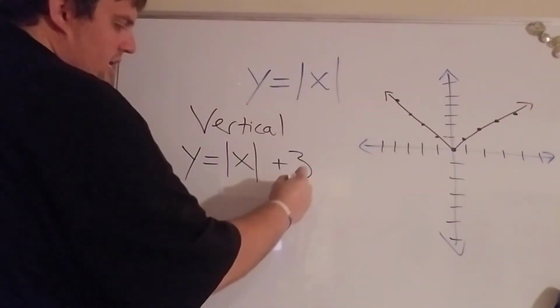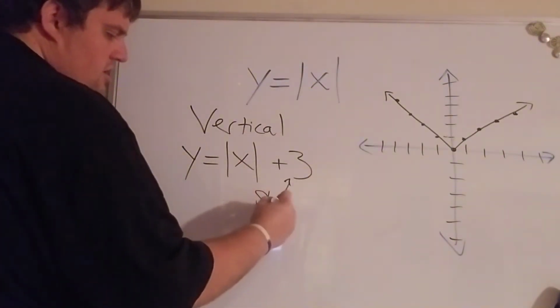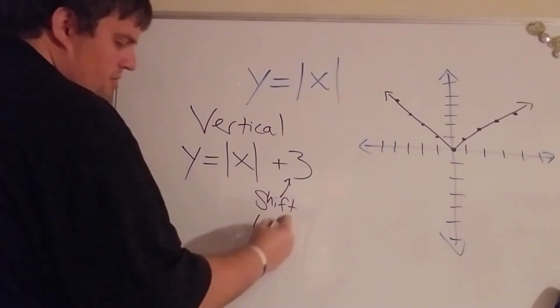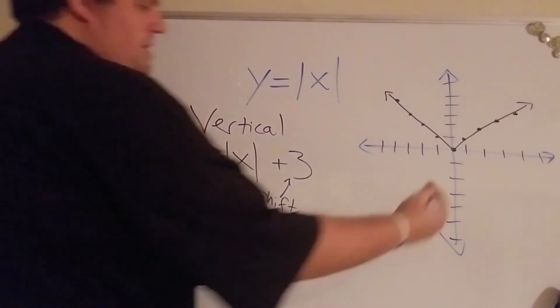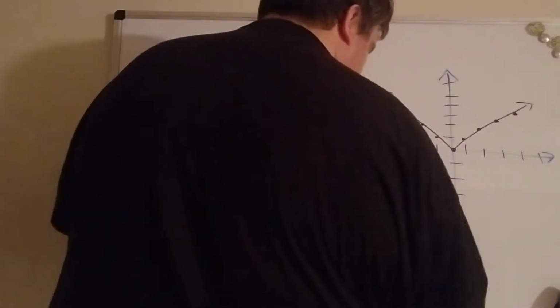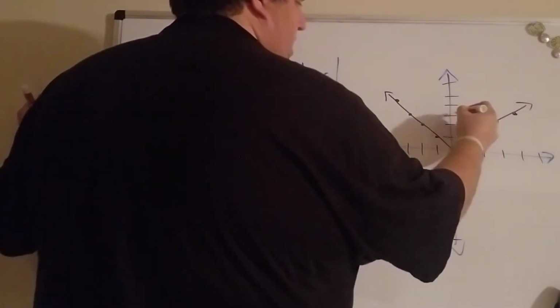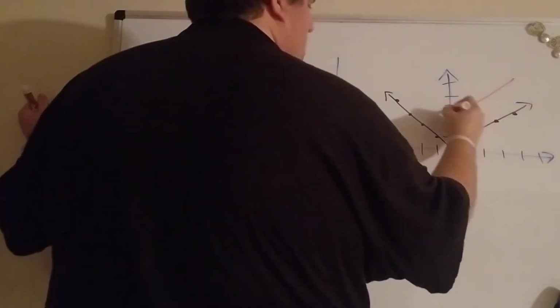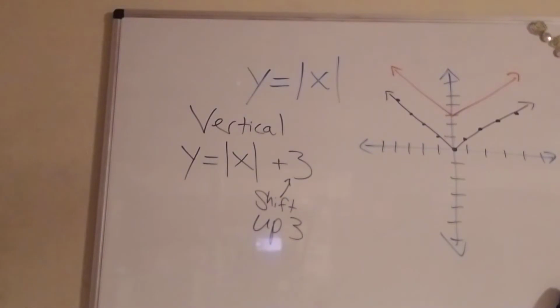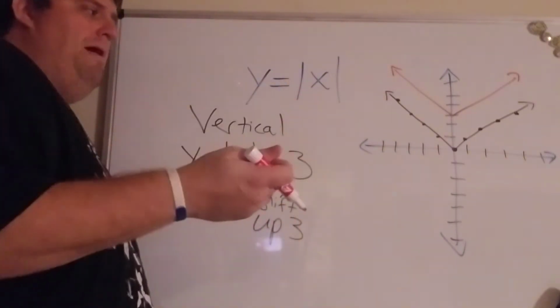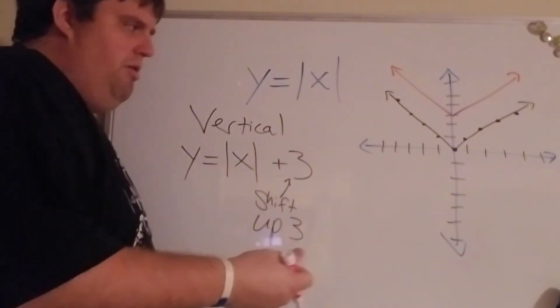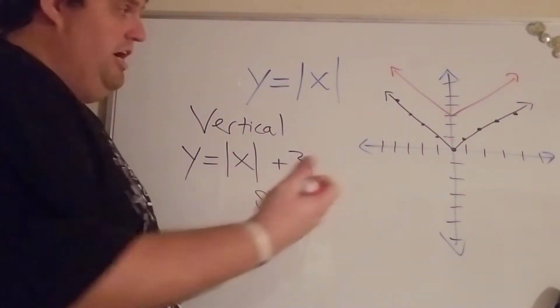So this would be shift up 3. I'm going to take the same function and go up 1, 2, 3. And it would look like that. Same exact thing, we're just going up 3 units. And now my vertex, instead of being 0, 0, would be 0, 3. So we could do vertical shifts.